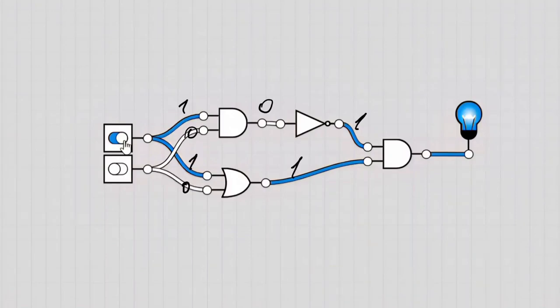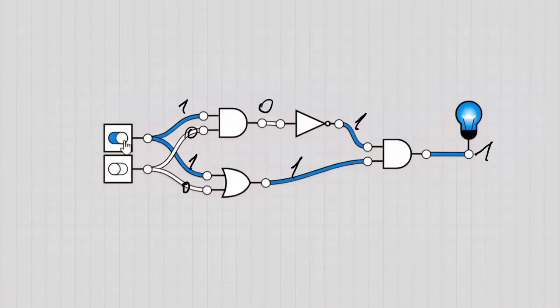Now the final AND gate receives 1 and 1, and therefore its output is 1, and the lamp turns on. This is exactly what we want from an XOR gate. The output is 1 when only one input is 1.